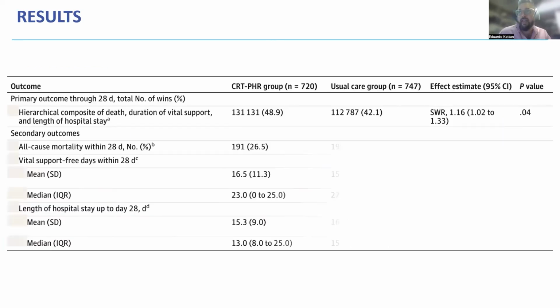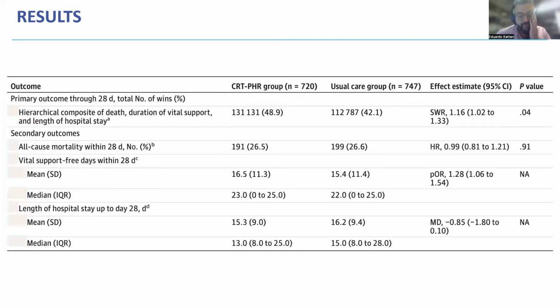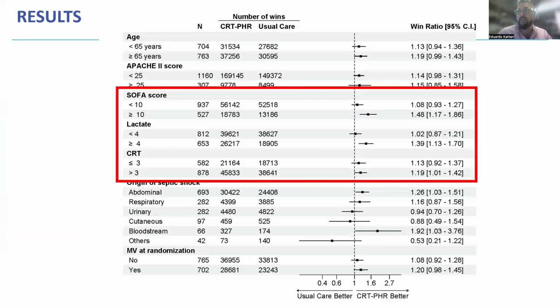And this is confirmed by the secondary outcomes in which patients randomized to the intervention had, on average, 1 more day of vital support, 3 days. When assessing subgroup analysis, the patients with higher SOFA, higher lactate, or higher capillary time seem to have increased benefit from the intervention with higher win ratios.